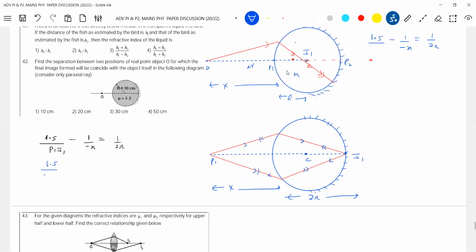We are very sure about this here, it will be plus R, 3 by 2R. 1 by X equal to 1 by 2R minus 3 by 2R.